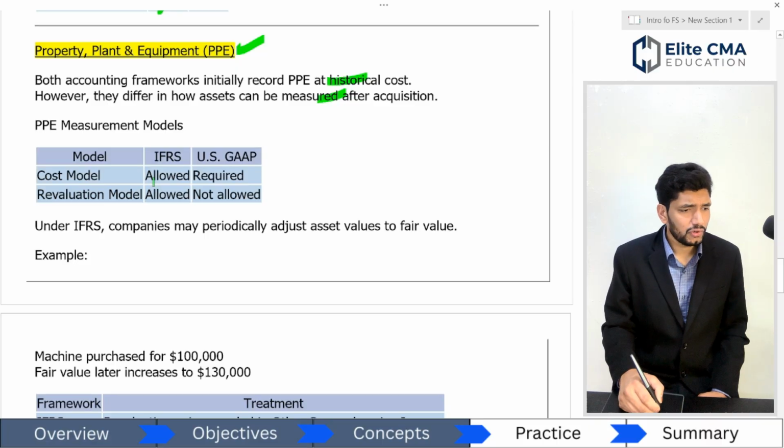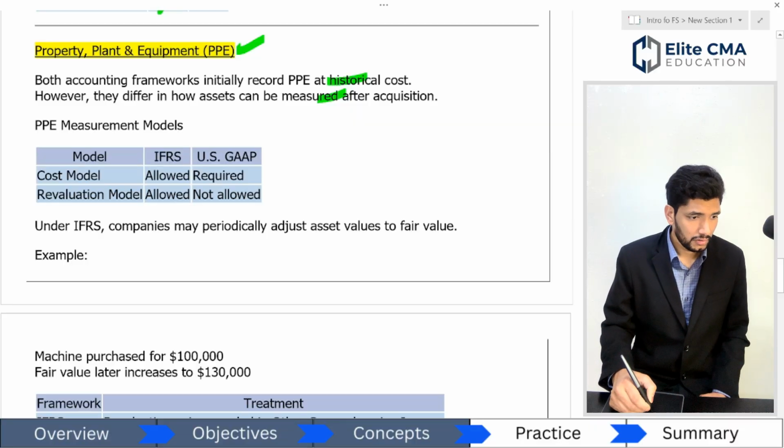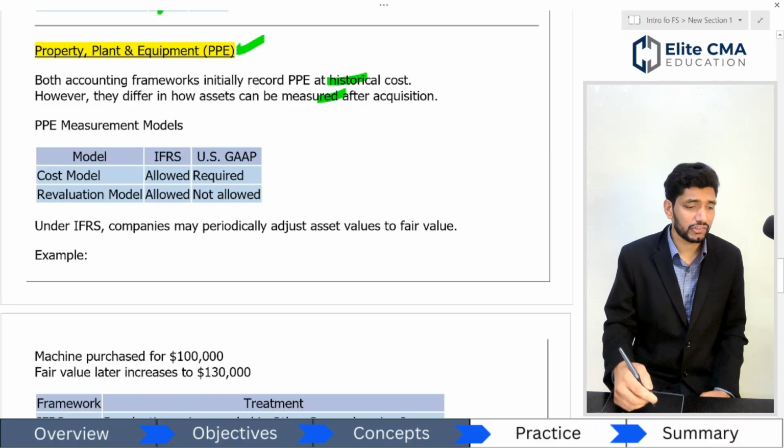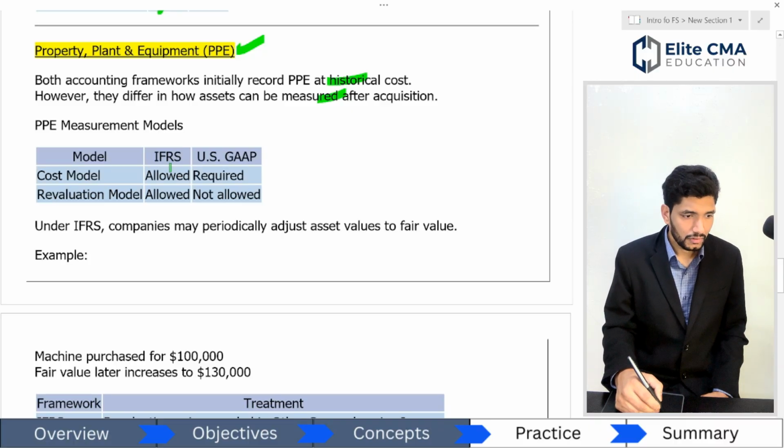When it comes to the measurement model, when it comes to revaluation, in IFRS, the revaluation of property, plant and equipment is allowed, but in US GAAP, it is not allowed.